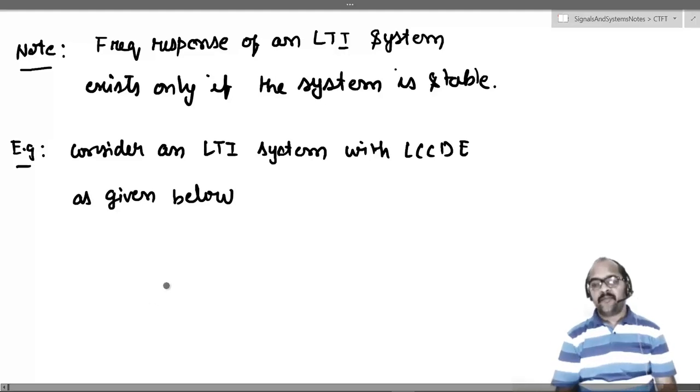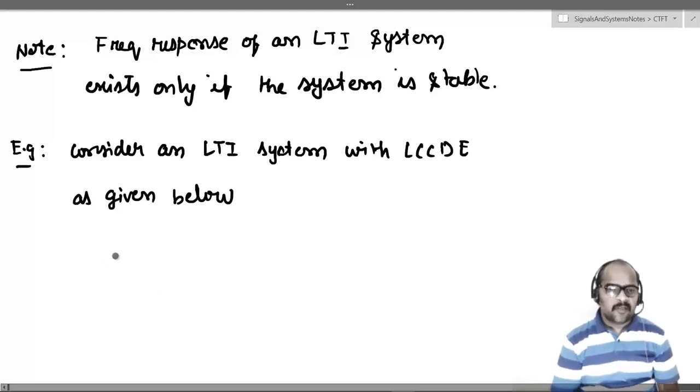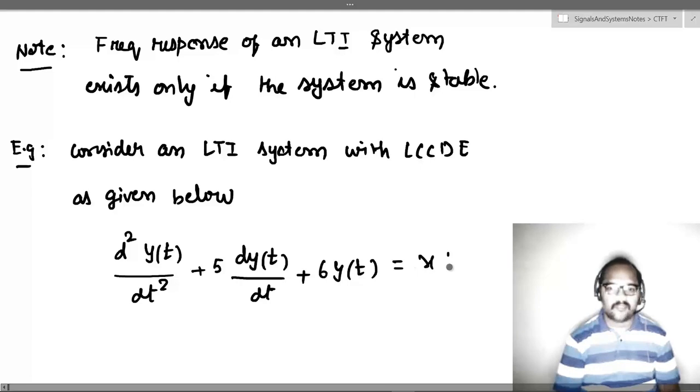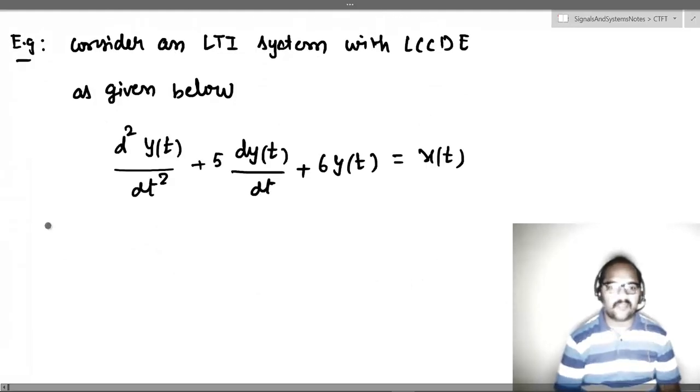Let us take d square y of t by dt square plus 5 times dy of t by dt plus 6 y of t equal to x of t. So an LTI system is defined in this form.